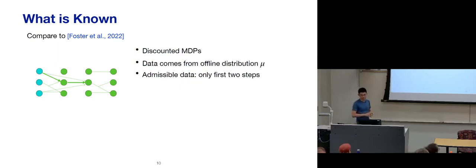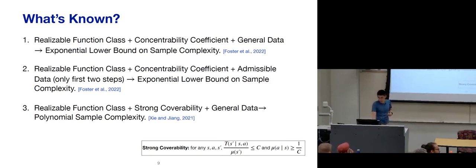The next thing is they consider admissible data, which is only admissible for the first two steps. This algorithm is for policy optimization, but it can also be used for policy evaluation as well.